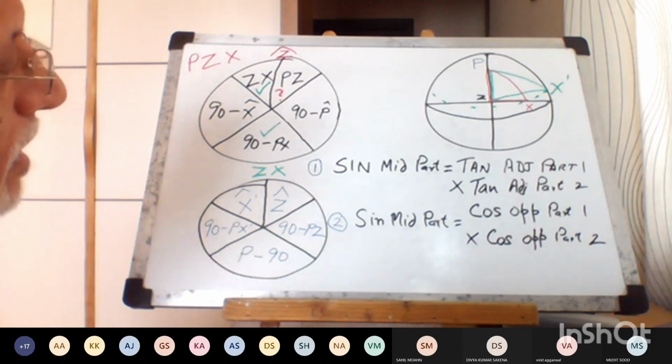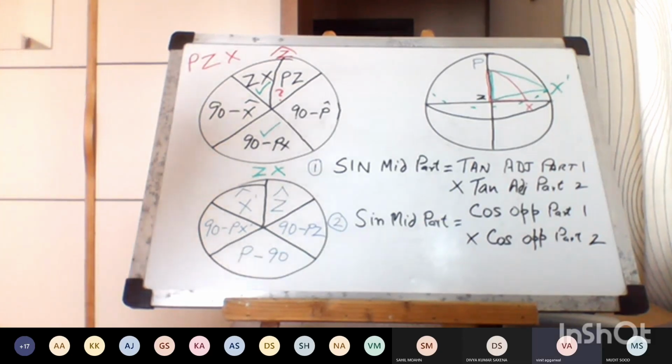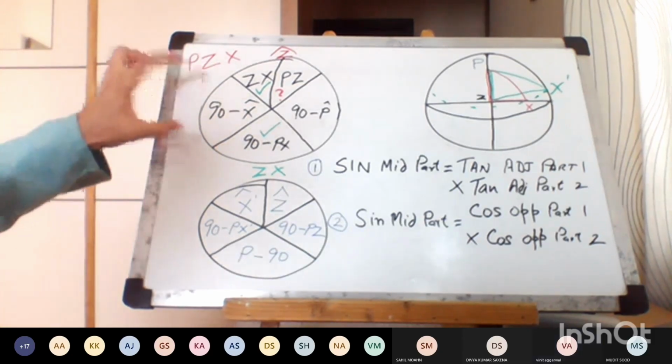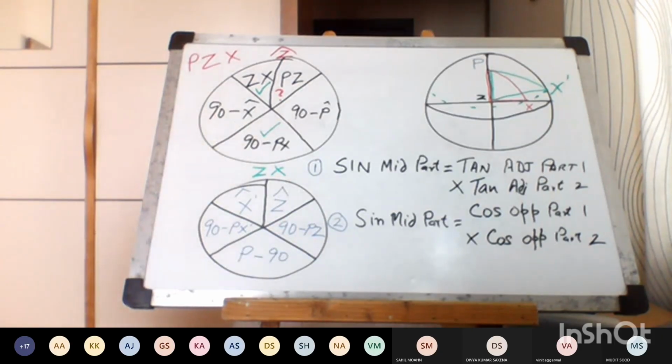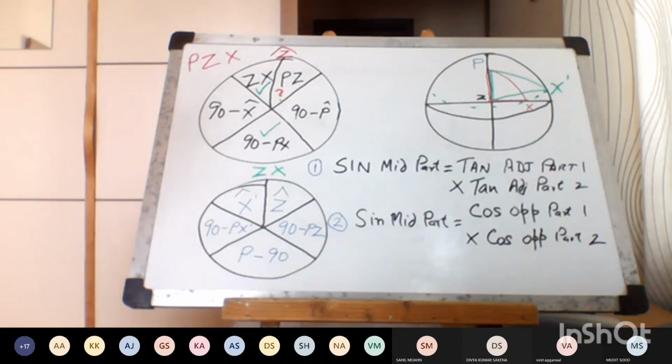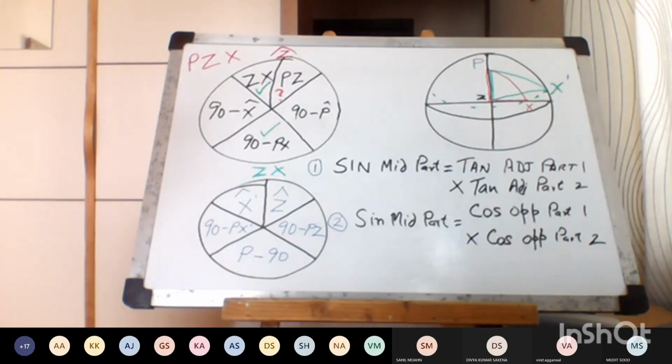Okay. So does anyone have any question on this one, gentlemen? The above diagram and how I have applied formula number 2. Okay, so now let us say in the lower diagram, we have Zx as 90, the green one.